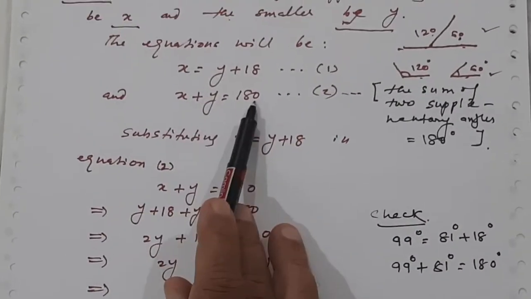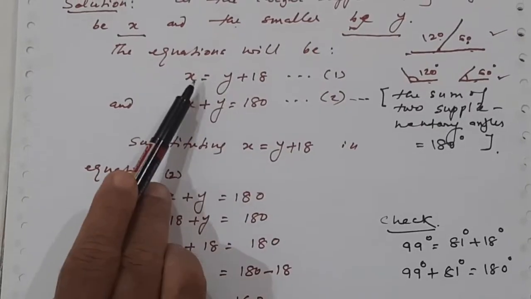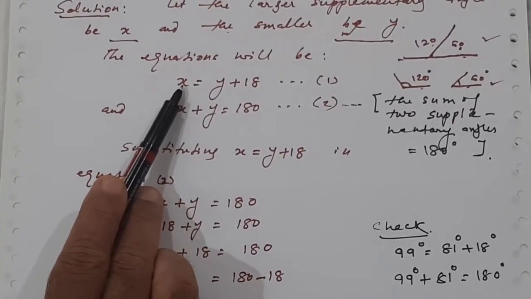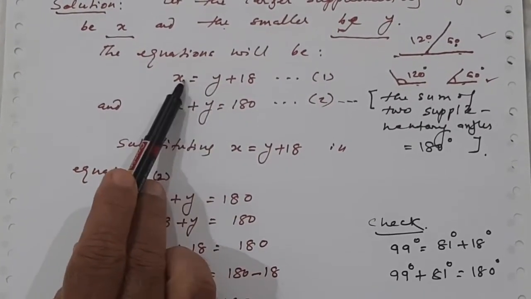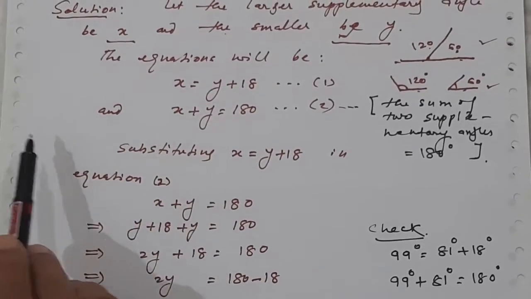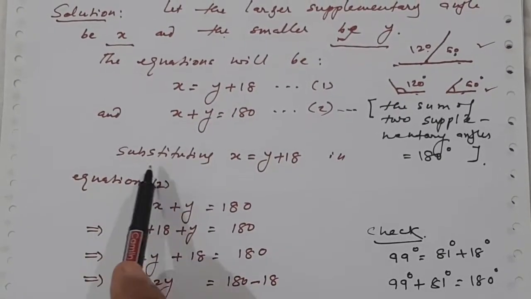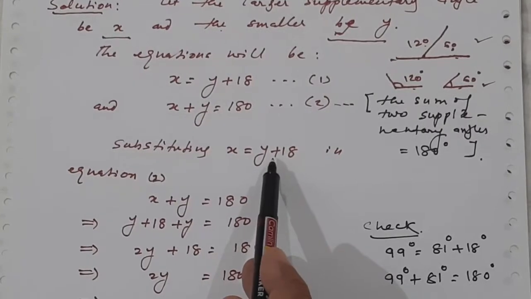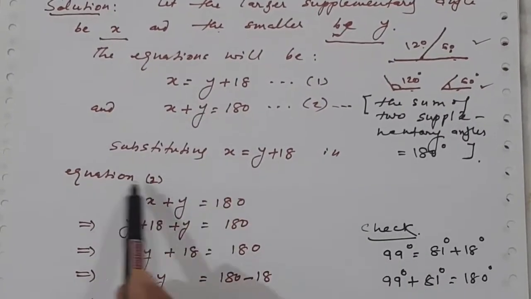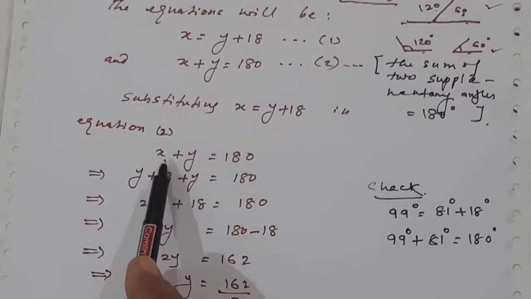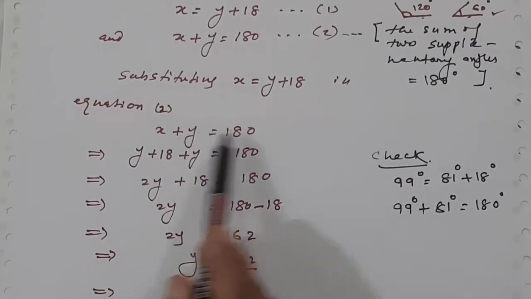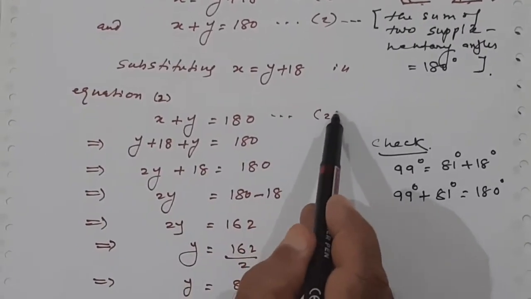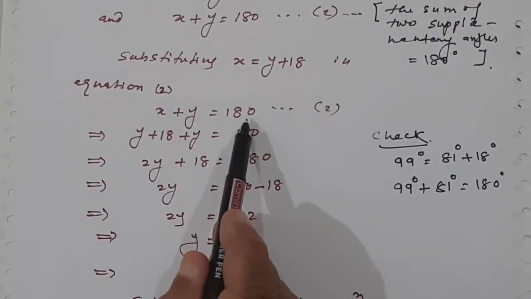Now we got the second equation. The first equation gives the value of x in terms of y, so we can follow the substitution method again. Substituting x is equal to y plus 18 in equation 2: x plus y is equal to 180 degrees.